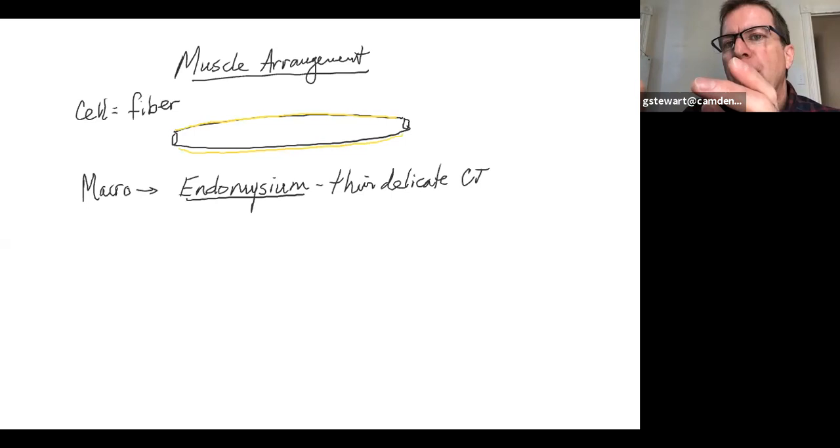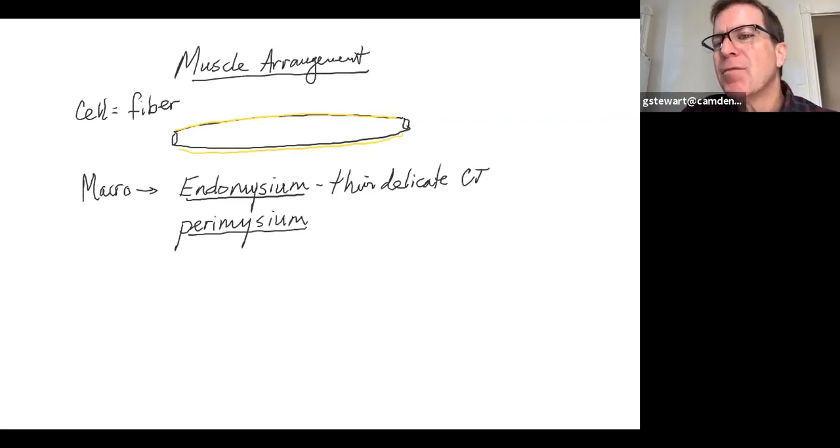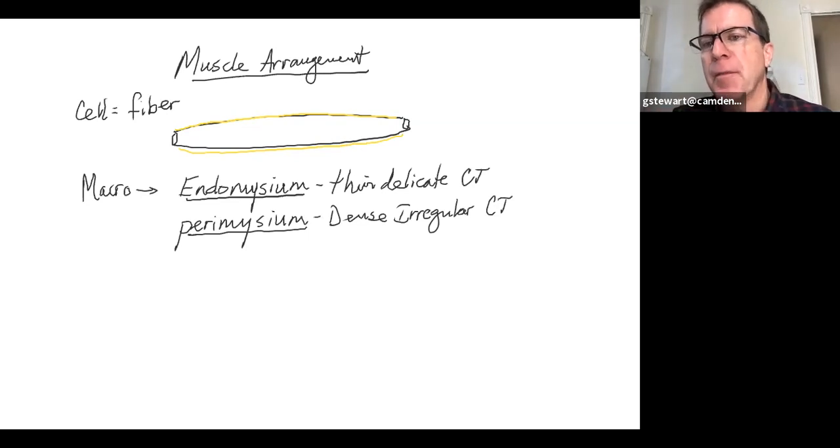Then these individually wrapped cells get bundled together and wrapped again as a bundle in a thicker connective tissue covering called perimysium. So this is really dense, irregular CT. So I'm just going to write dense, irregular CT. It's thicker and coarser than endomysium.